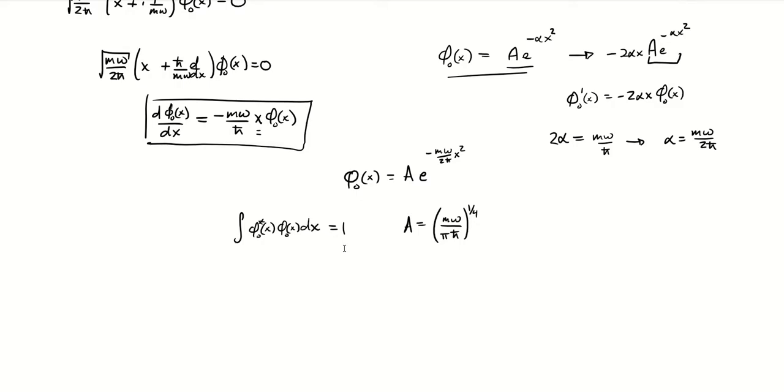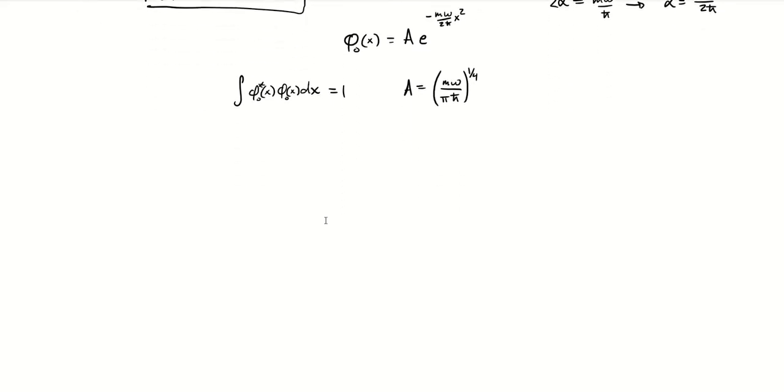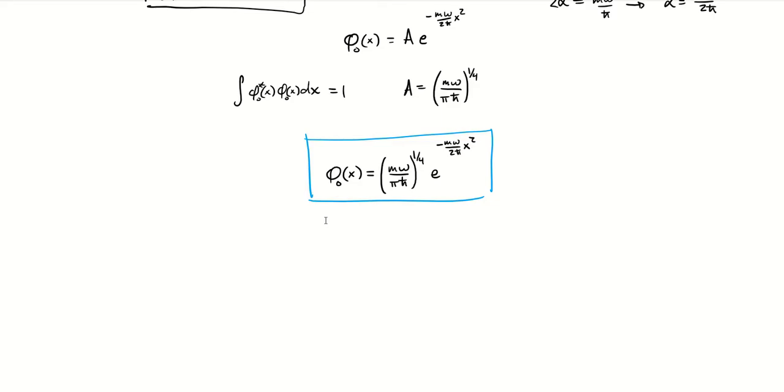So again, just looking at that ladder termination condition, we got a much more straightforward differential equation that gives us our ground state wave function equal to m omega over pi h bar to the 1/4 e to the negative m omega over 2 h bar x squared. And that is our ground state wave function for our quantum harmonic oscillator.